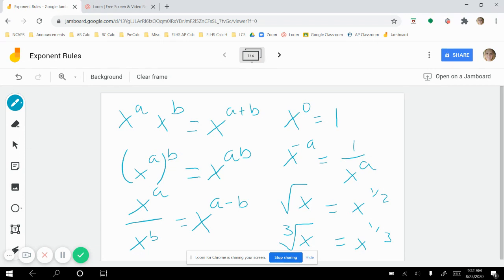So those root powers are fractions, and the root is what goes on the bottom of the fraction. The square root is x to the 1/2, the 2 is on the bottom of the fraction. The cube root of x is x to the 1/3, the 3 is on the bottom of the fraction. If you had a fourth root, then that would be x to the 1/4. So the root follows the bottom of the fraction.